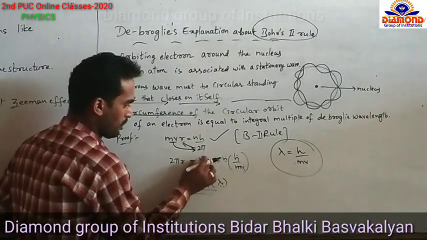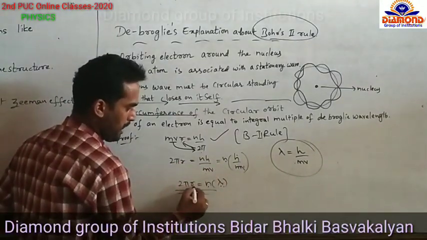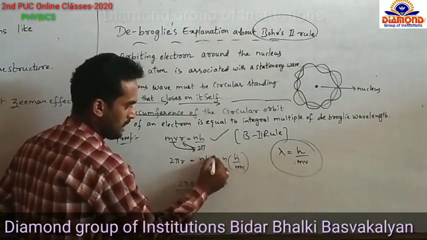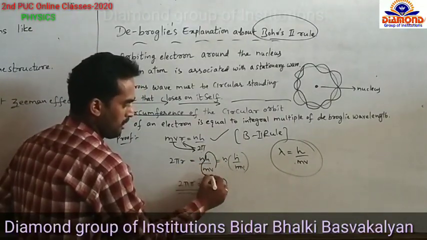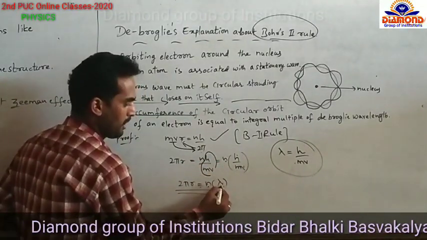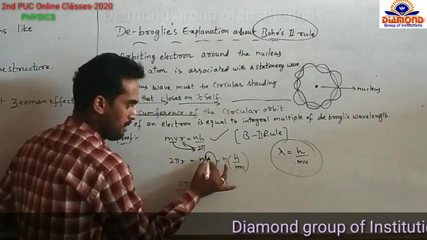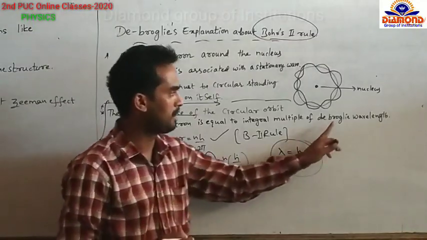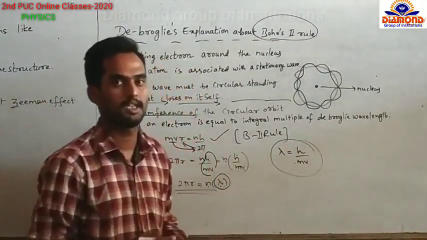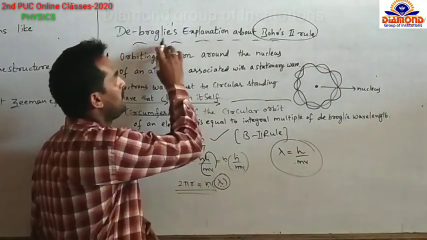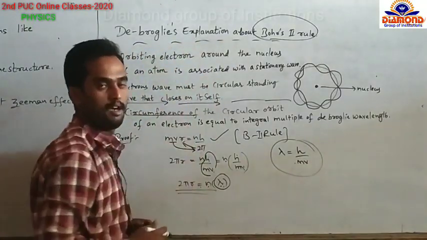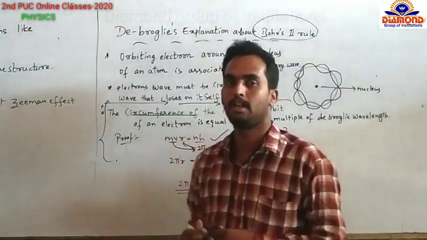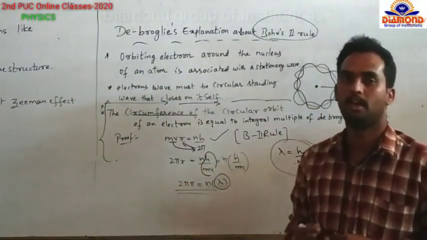So 2 pi r equals nh by mv. 2 pi r as it is, n as it is, and we replace h by mv with lambda, the de Broglie wavelength. So this is the explanation of de Broglie about Bohr's second rule, that is the quantization rule.